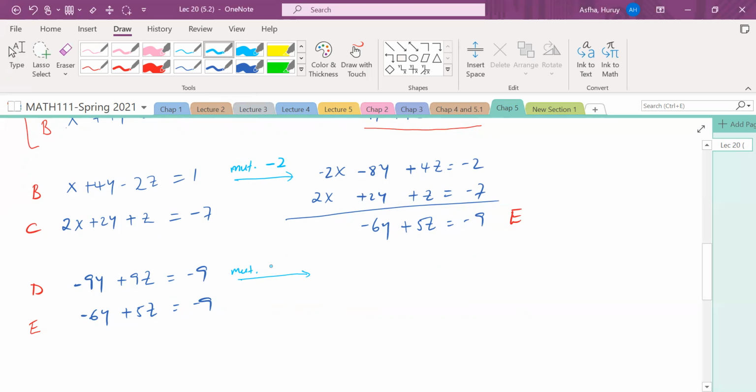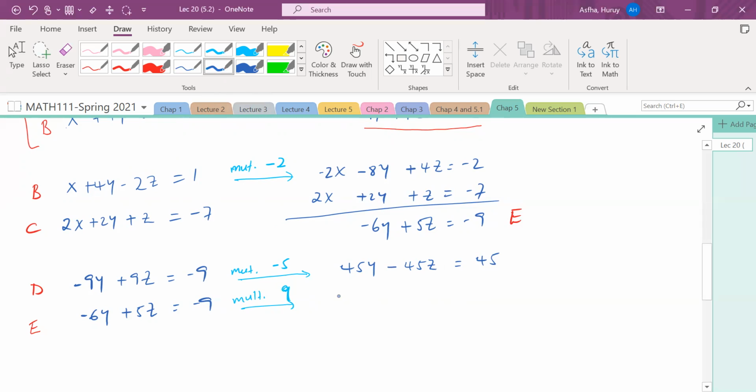So I will multiply the first equation by -5, and we get 45y minus 45z equals 45. And then the second equation, we multiply by +9.